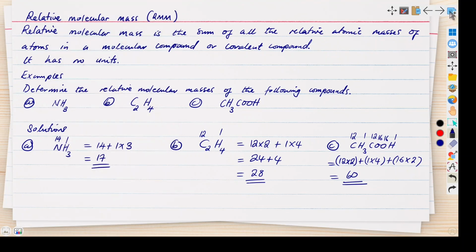Now let me give you the task which you are going to perform. Question 1 says find the relative formula masses of the following compounds.